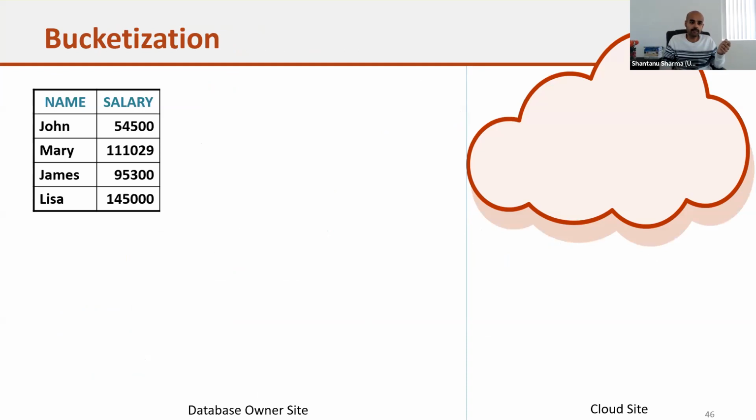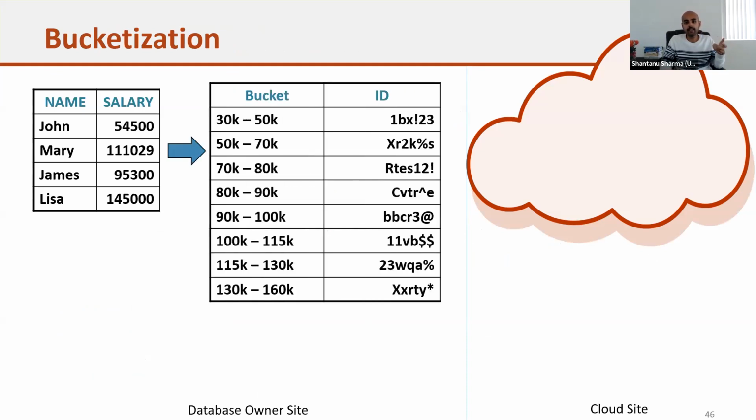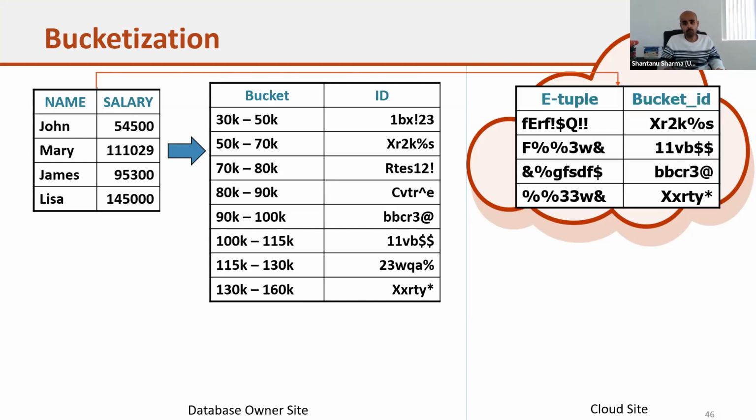Suppose this is the database, and based on it, they create buckets. For each value range, 30K to 50K, they allocate one bucket ID, for 50K to 70K another bucket ID, and so on. Whenever they outsource the data, they see which bucket ID the value belongs to, allocate that bucket ID to the data, and outsource it to the cloud. These values will be allocated and outsourced to the cloud.